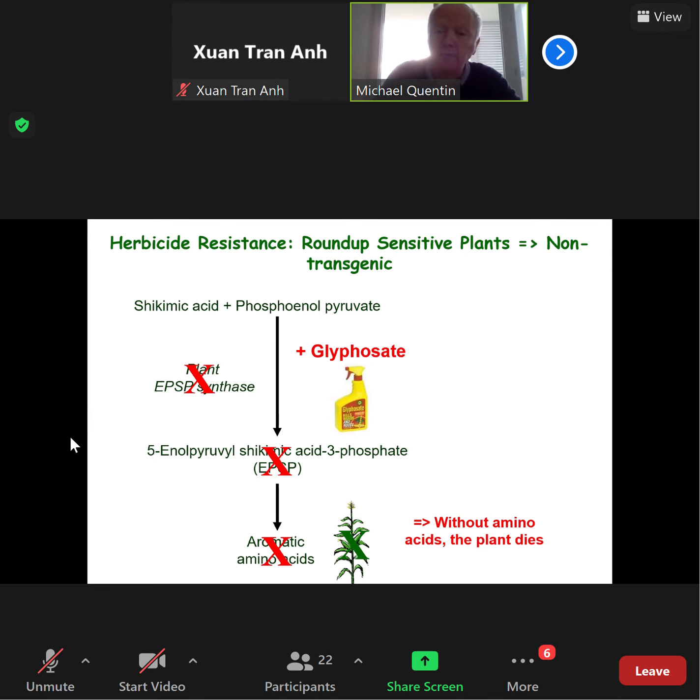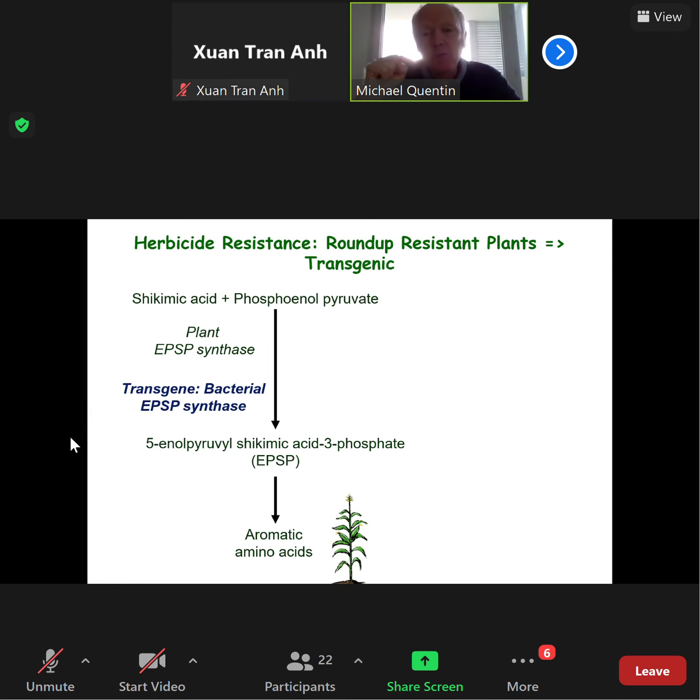The plant will die. It's possible to produce a GMO plant in which you will transfer an EPSP synthase which is not of plant origin, but which is of bacterial origin. Okay, so the GMO plants that are resistant to the herbicide will of course express the plant EPSP synthase, but they will also express a bacterial EPSP synthase.